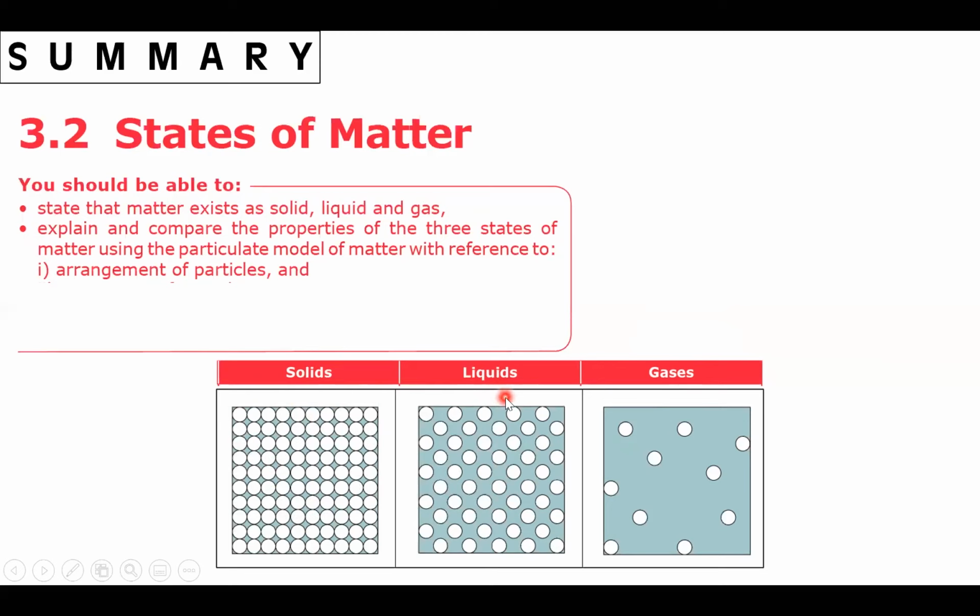For liquids, they are arranged in a disorderly manner, so there's no pattern for how the particles are arranged. It's the same thing for gases. They do not have any particular arrangement. They are just arranged randomly, tiada susunan yang tetap untuk gases.